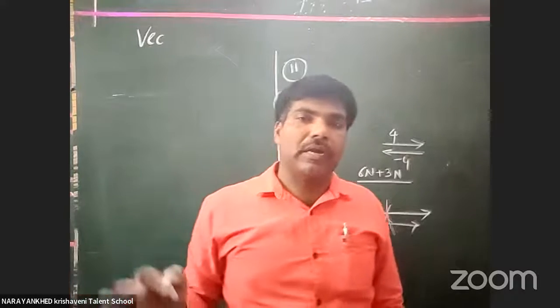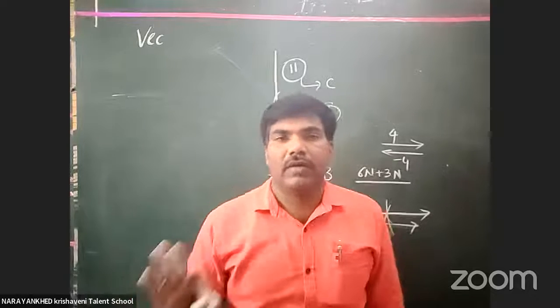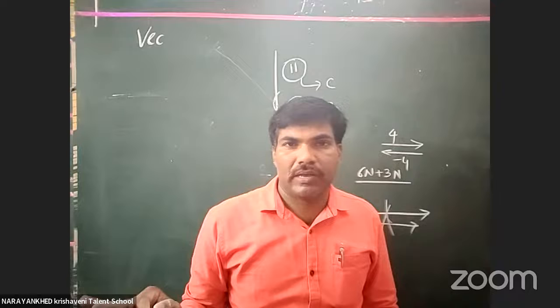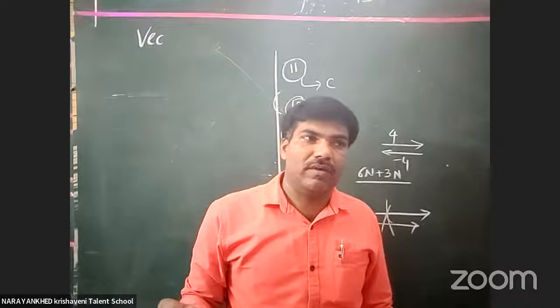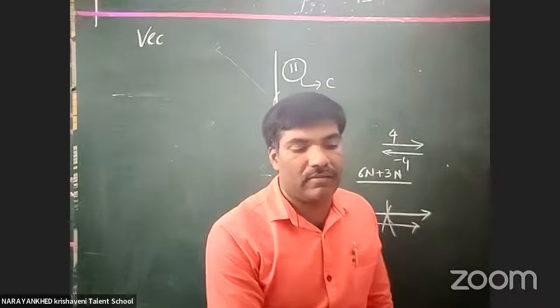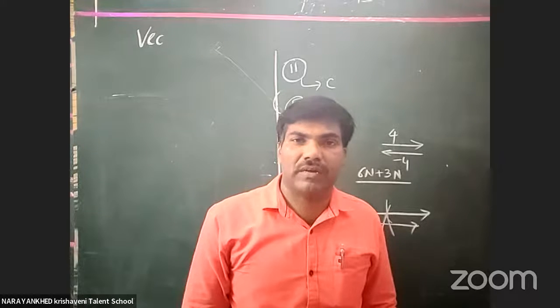How to recognize whether it is a vector or a scalar? Depending on the physical property, we designate that it is a vector or a scalar. Okay, clear? Afterwards, we discussed angles and directions. How to find out the direction of the vectors?